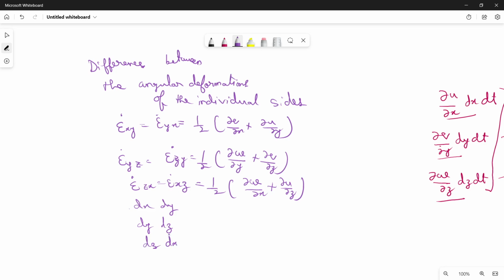So the rotation is the average rotation of these sides. Now how is it calculated? Suppose you are calculating the rotation for the xy plane. If this element is rotating in the xy plane, the axis of rotation will be perpendicular to this plane, so basically the z axis, and it is given by half of del v del x minus del u del y.